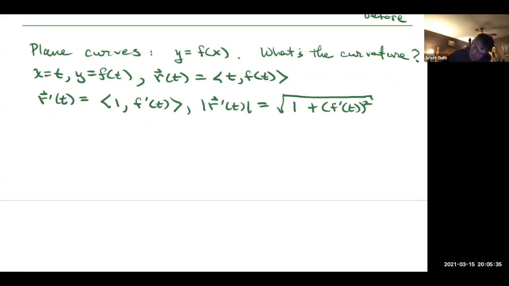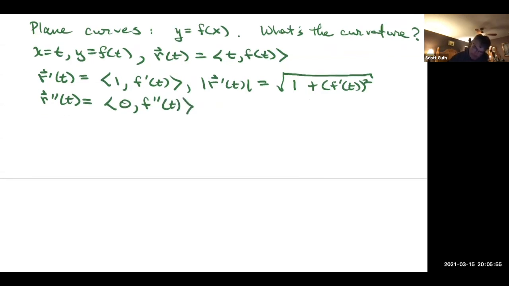Okay. And then we have to do r prime cross r double prime. So, all right, r double prime of t will be 0, f double prime of t, like that. And now the cross product, r prime cross r double prime.